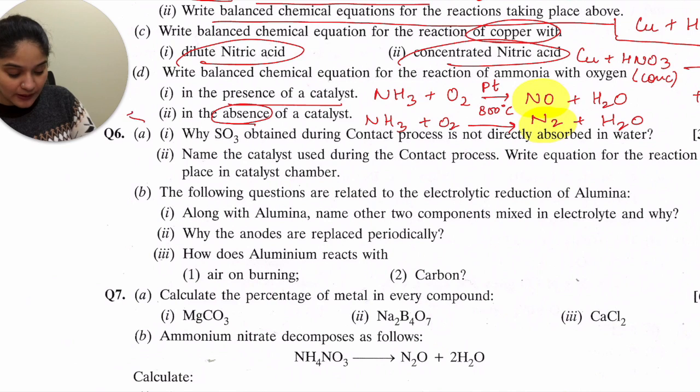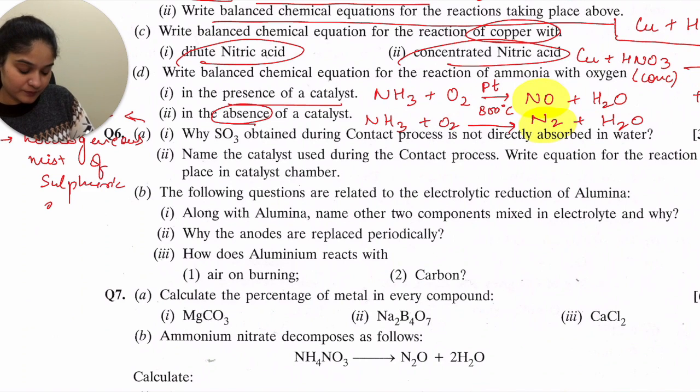For example: exothermic, and homogeneous mist of sulfuric acid is difficult to condense.